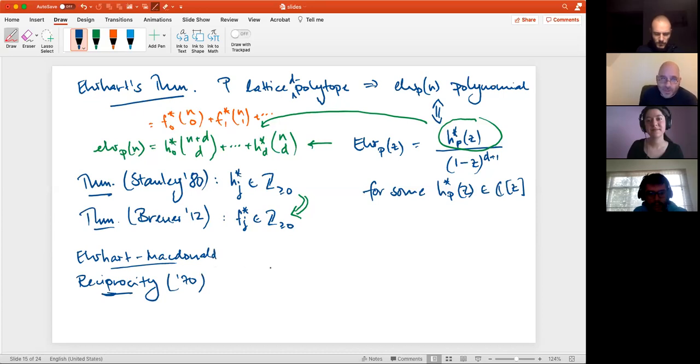It's the following phenomenon: if you now know that this function over here is a polynomial, then you can ask, what happens when I plug in things like 0 or negative numbers? It turns out you're counting something, up to a sign that just depends on the dimension: you're counting integer points in the interior of your polytope.